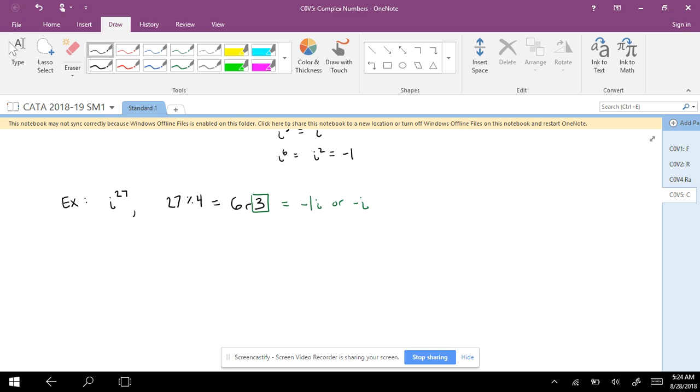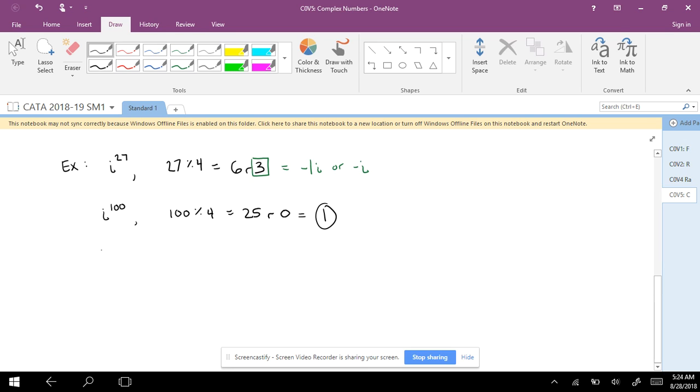If we do another example real quick, we have i to the 100th. So we're going to do 100 divided by 4, which gives you 25 with no remainder. If it has no remainder, that tells us it's the fourth one, which would be just 1.